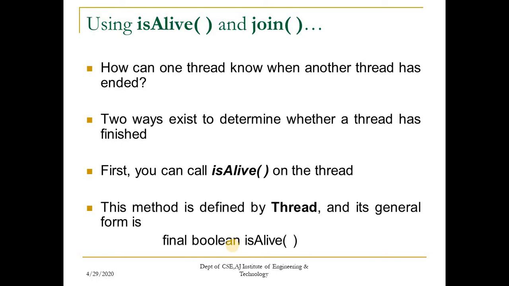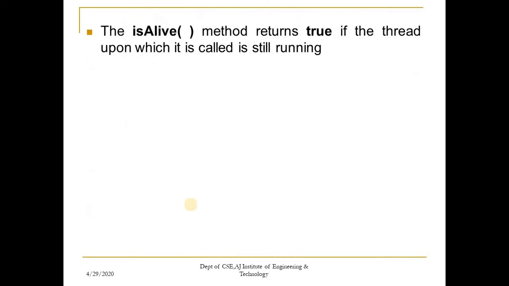If the thread is alive, it will return true, and if the thread is not alive, that is the thread has already exited, then it will return false. The isAlive method returns true if the thread upon which it is called is still running, otherwise it will return false.